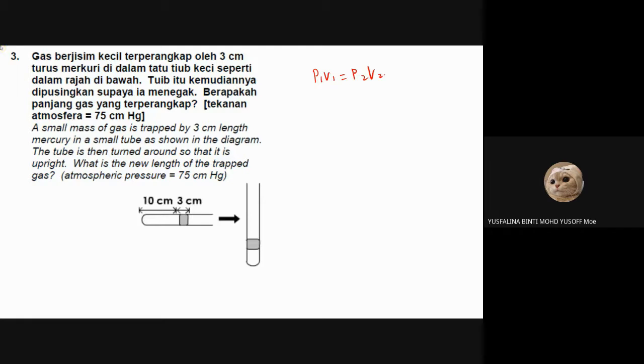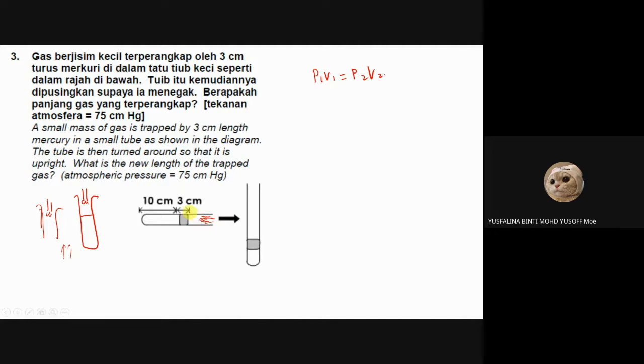Okay, let me explain. For this one, the atmospheric pressure will act downward like this. It will not act on this part, no. It will only act downward or upward like that, not in this direction.